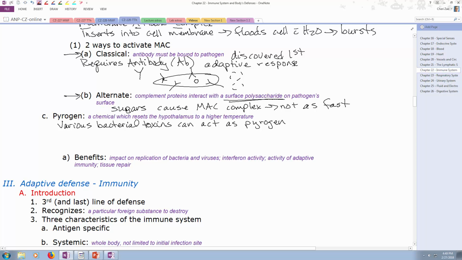But also chemicals released by our WBCs and macrophages. There's a reason that we want an elevated body temperature. High body temperature causes sequestration of iron and zinc in the spleen.